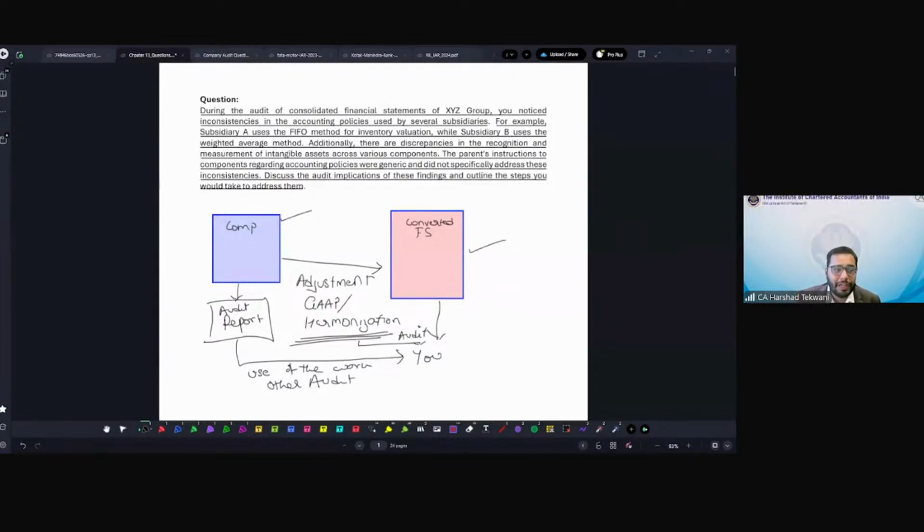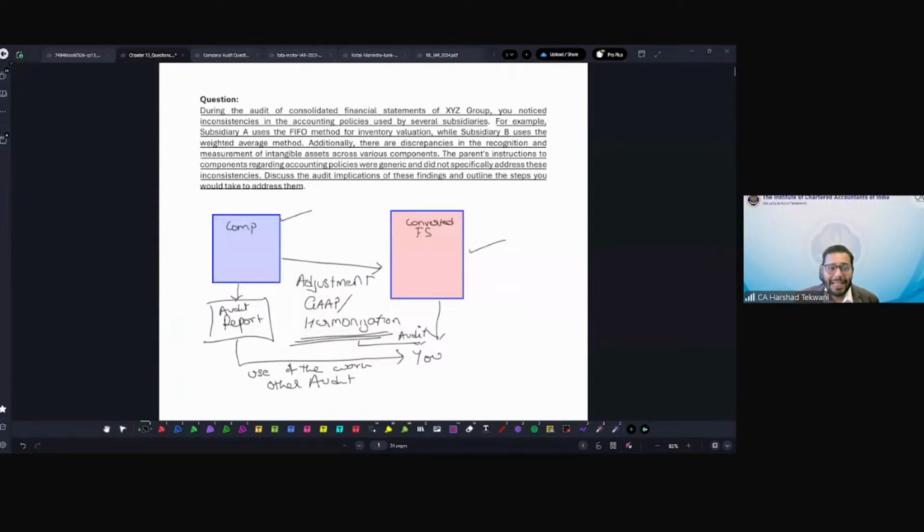Your responsibility will be to perform the audit of, or to take comfort on, the GAAP adjustments, the harmonization of the accounting policies. Okay, you need to understand in this scenario what the risks involved are. Is there any risk of material misstatement when it comes to the adjustments or the GAAP differences, or even the component being material?